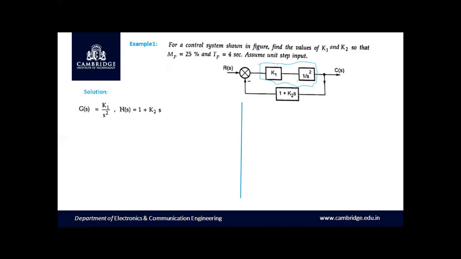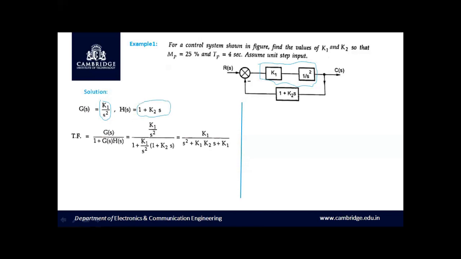You're given with maximum peak overshoot of 25% and peak time of 4 seconds. And input, we have to assume it as unit step input. And we have to find the value of K1 and K2. First, let us calculate the transfer function, which is given by G of S divided by 1 plus G of S into H of S. Let us substitute for G of S as K1 divided by S square and H of S as 1 plus K2S.